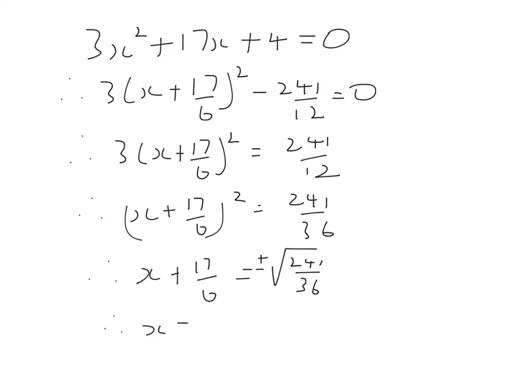So therefore x is plus the square root of 241 over 36 minus 17 over 6, or minus the square root of 241 over 36 minus 17 over 6.